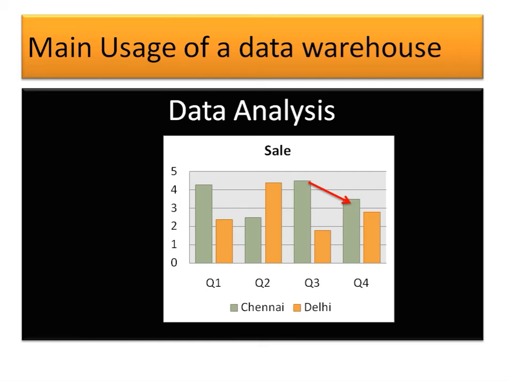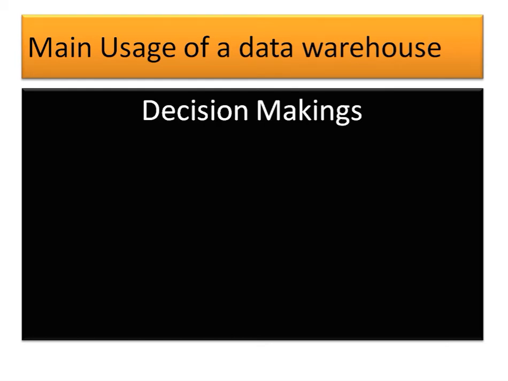In this example, you can see they are comparing the sales values between Q3 and Q4. In Q4, the sales revenue has gone down, and they are analyzing the causes for this slowdown and for decision making. It is part of the data analysis process.